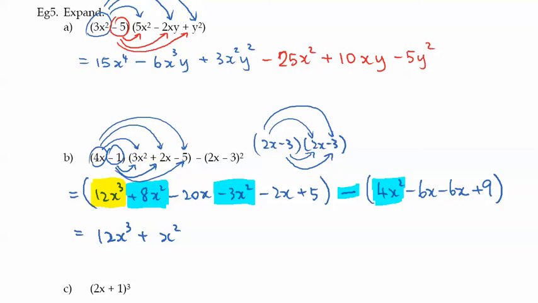And then we can move on to the x term. Minus 20x minus 2x gives us minus 22x.